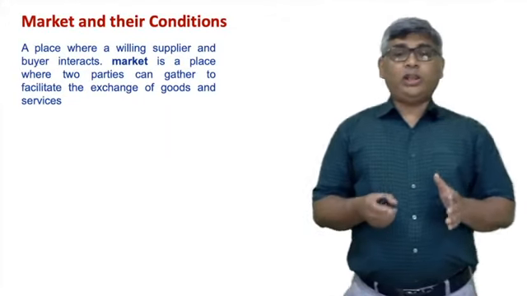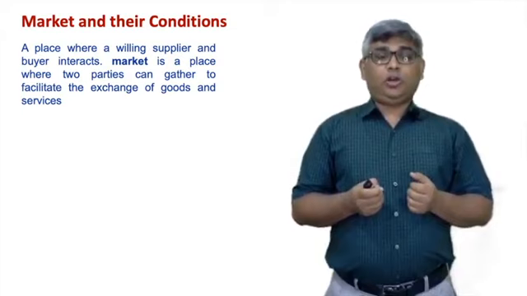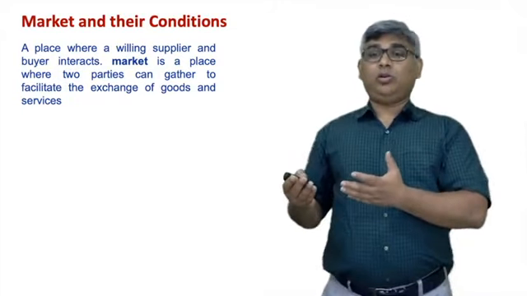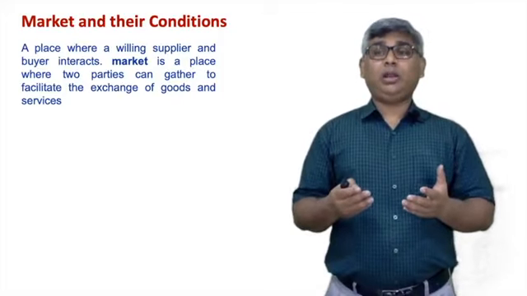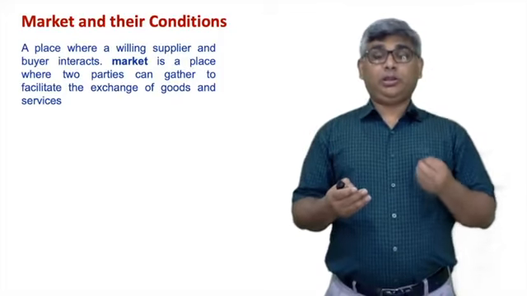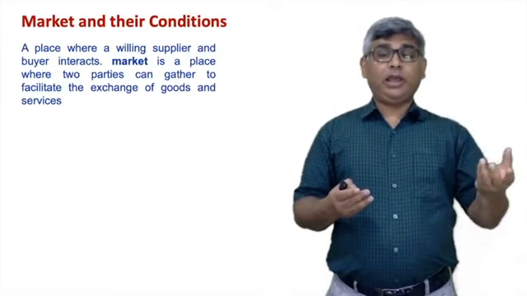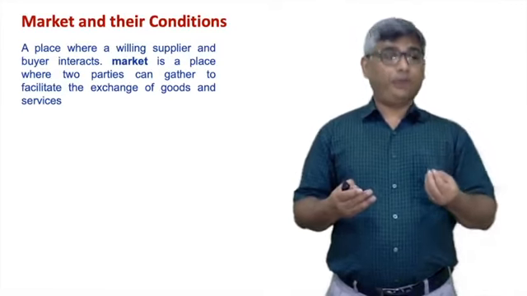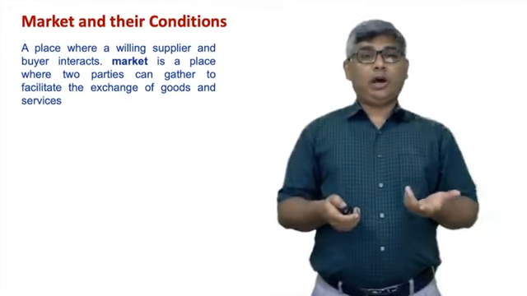Now, once we have goods available before us, in order to sell this good, what do we require? We require a place where we can sell this good so that we can give it to the relevant buyer and get money out of it. That place is known as a market.